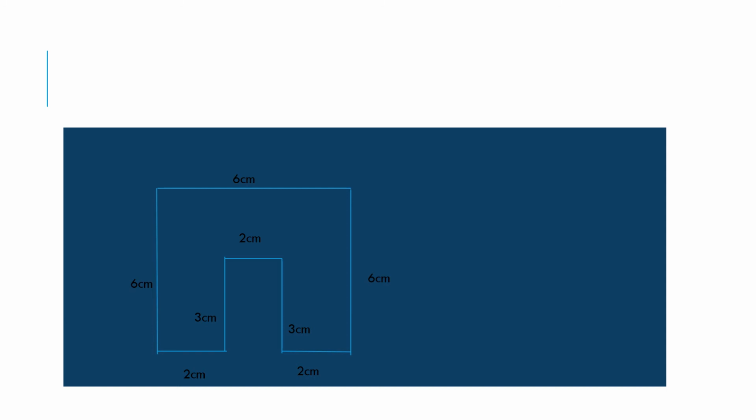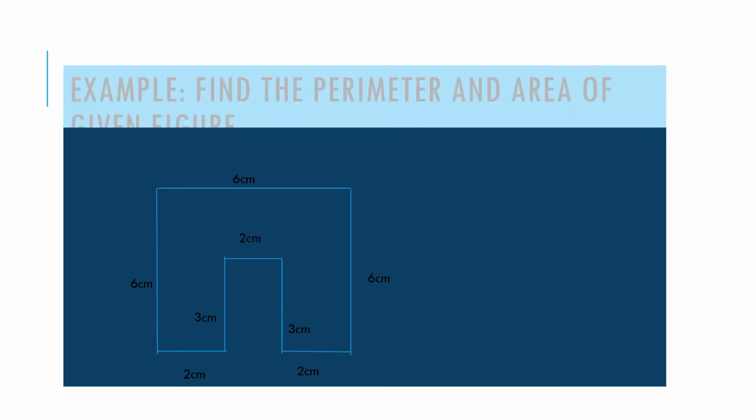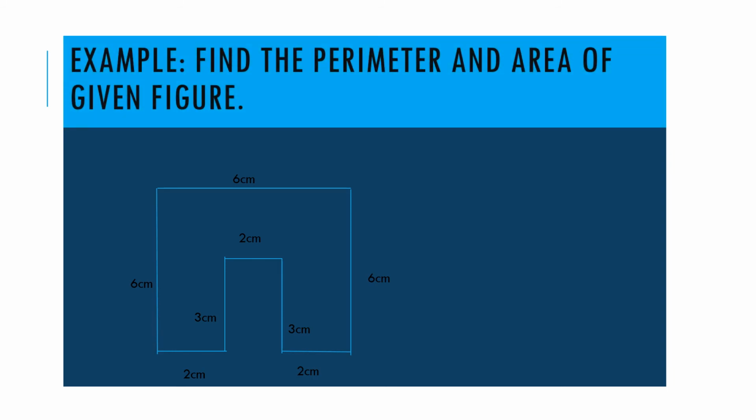All the side measurements are given, but you can notice that it is a square having one side 6 centimeter, and there is a rectangle inside the square having length 3 centimeter and breadth 2 centimeter. You can see here it is a rectangle and it is a square. Now find out the perimeter and area of the given figure.